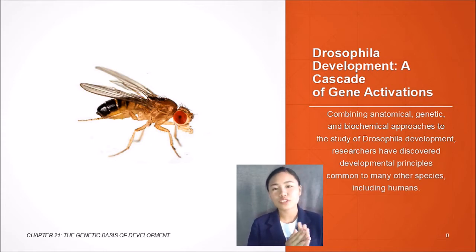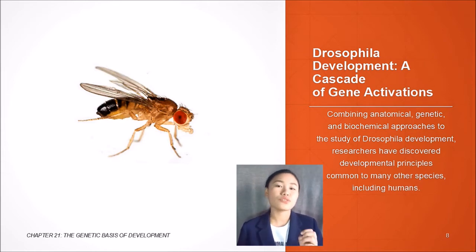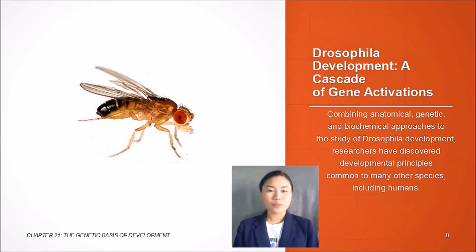Just like other bilaterally symmetrical animals, the Drosophila, the fruit fly, has also a posterior axis and a dorsal-ventral axis.